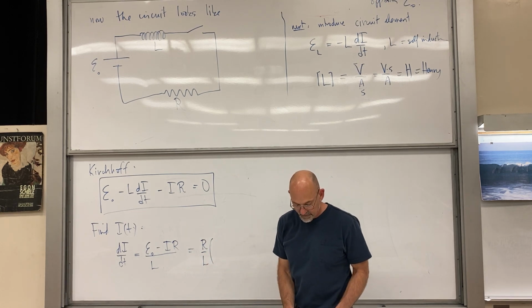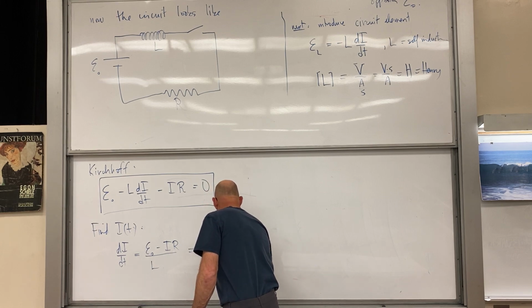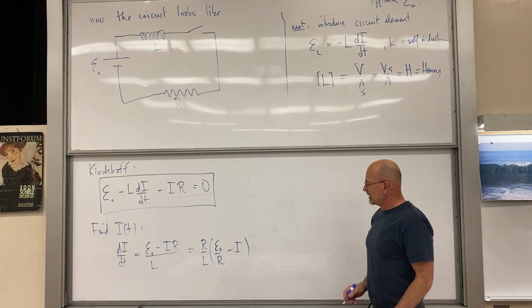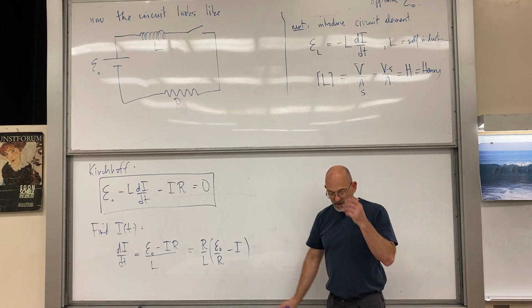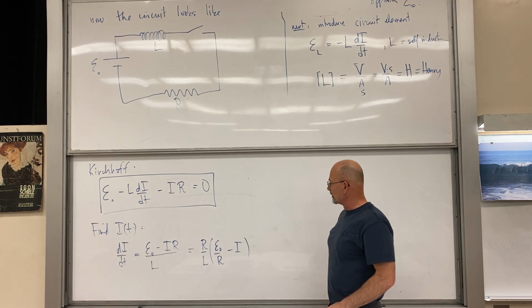So we'll have R over L times (E0 over R minus I). That's nicer. So this way we can do our separation of variables and actually have our inverse time constant right there.